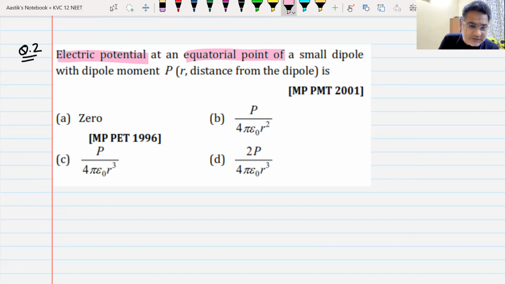We had discussed this in the previous class. Does anyone remember it? Potential at equatorial point, perpendicular bisector. Does anyone remember it?